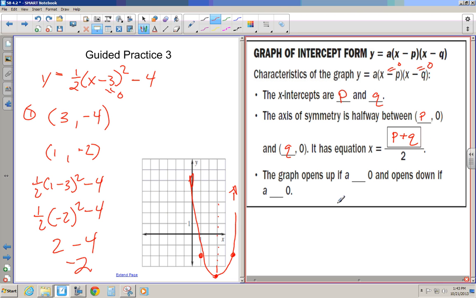Now what that does, that tells us that the vertex is at, you find the x value and you do it with the y.